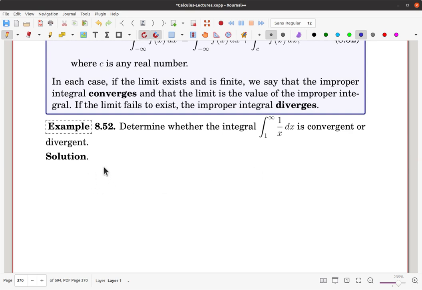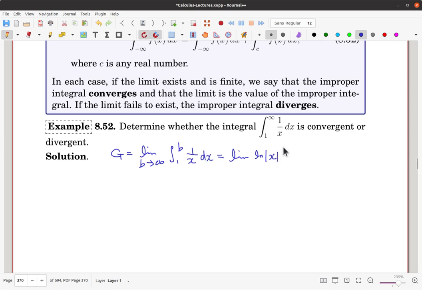Now, for this one, because it's an infinite interval, the given integral must be written in this way: limit as b approaches infinity of the integral from 1 to b of 1 over x dx. For that one, the antiderivative is logarithm of the absolute value of x.